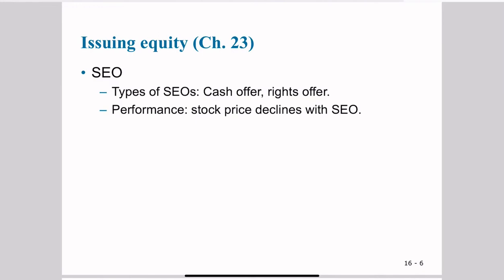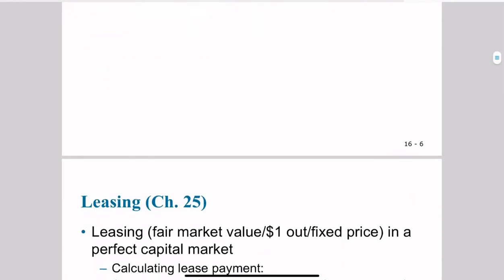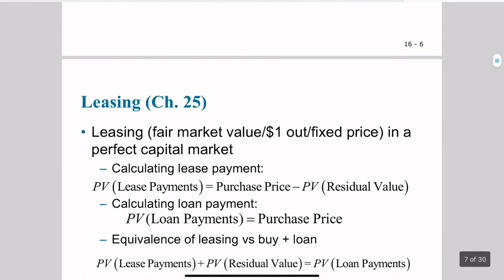In the case of SEO, you could argue that a firm will only do an SEO when the share is overvalued. And you could also say that if a firm does an SEO, then it exercises its growth option, so it becomes less risky, then the return should be naturally smaller. Okay, so that's for chapter 23.